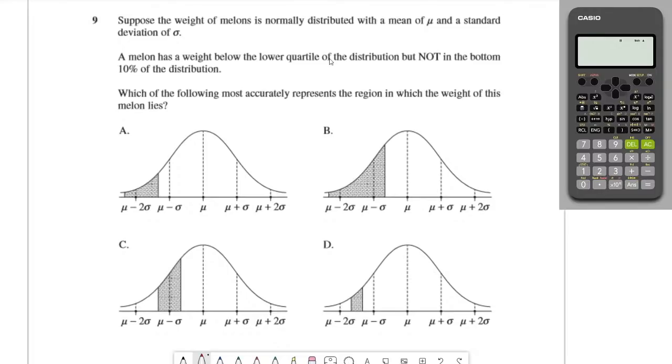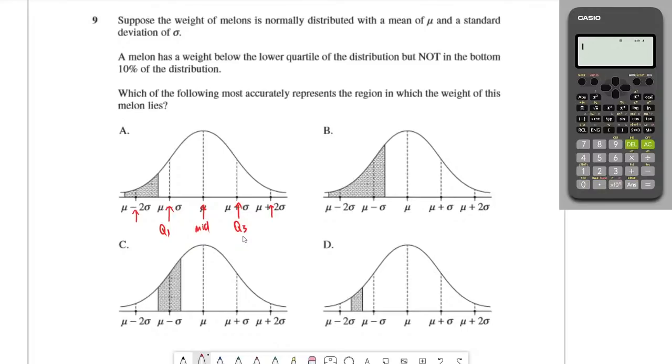If we split these up into 4 bits, with this as your middle, this as quartile 1, this as quartile 3, you go from there.